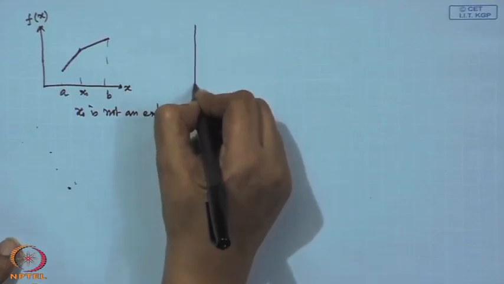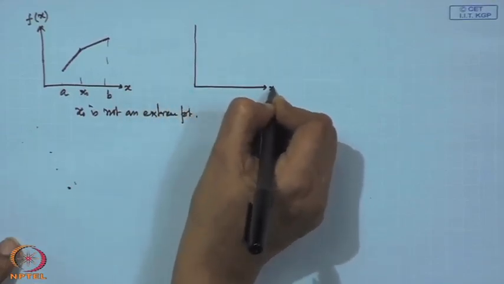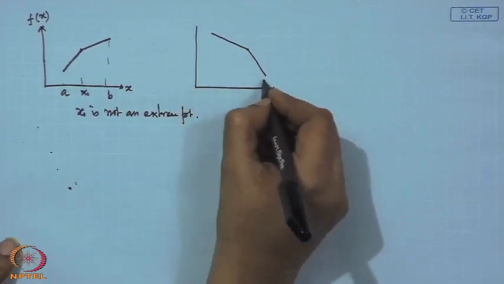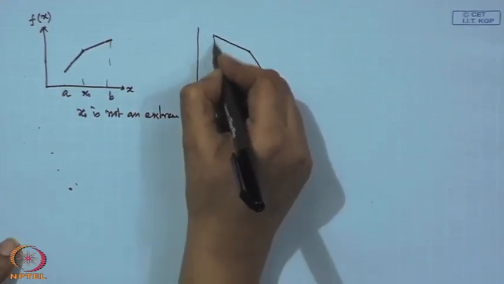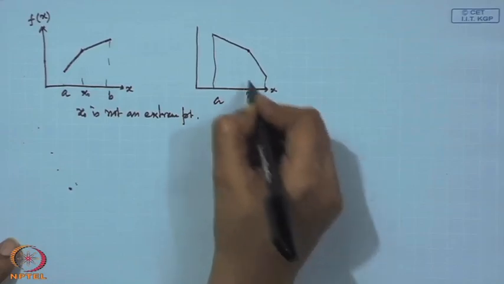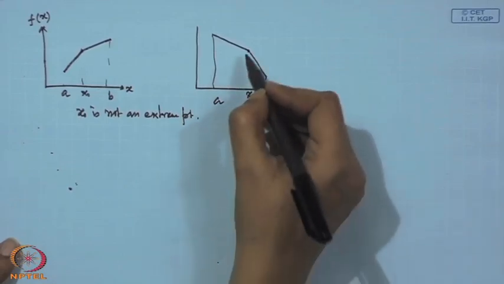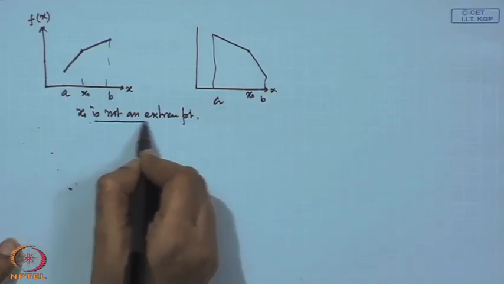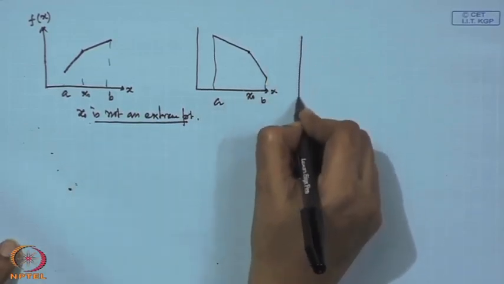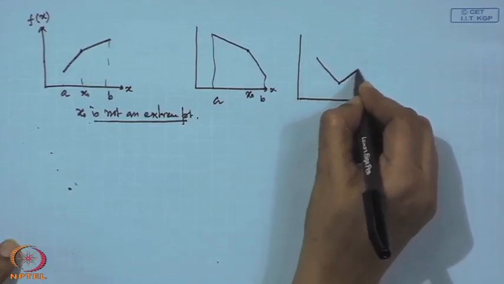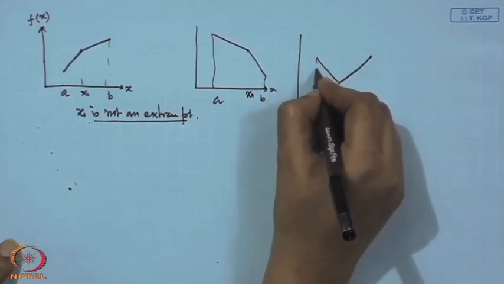Again, if we consider another function in a similar fashion, where this is b for us, the function is defined from a to b, and this is the point x naught. Again, at x naught the first order derivative fails, so x naught is not an extreme point. But if I consider the other example, where the first order derivative fails, we still can't say this is not an extreme point.